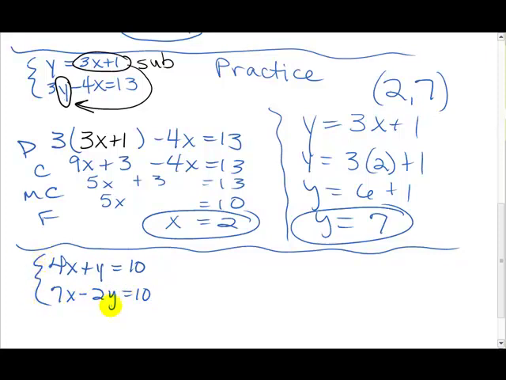All right, here's our system, but we don't have an equation that says y equals or x equals. We have one that is close, and so when we look at this, we're going to take this and rewrite it so that it says y equals.